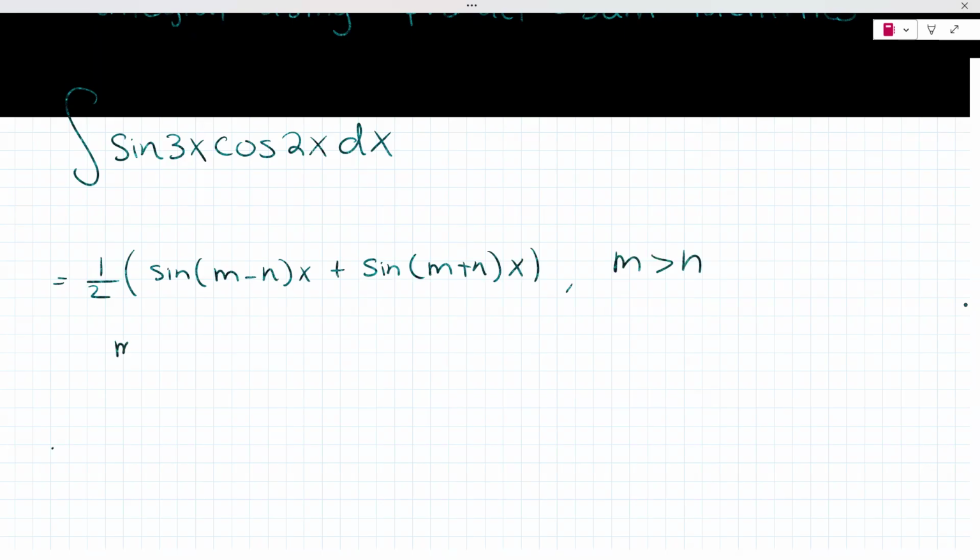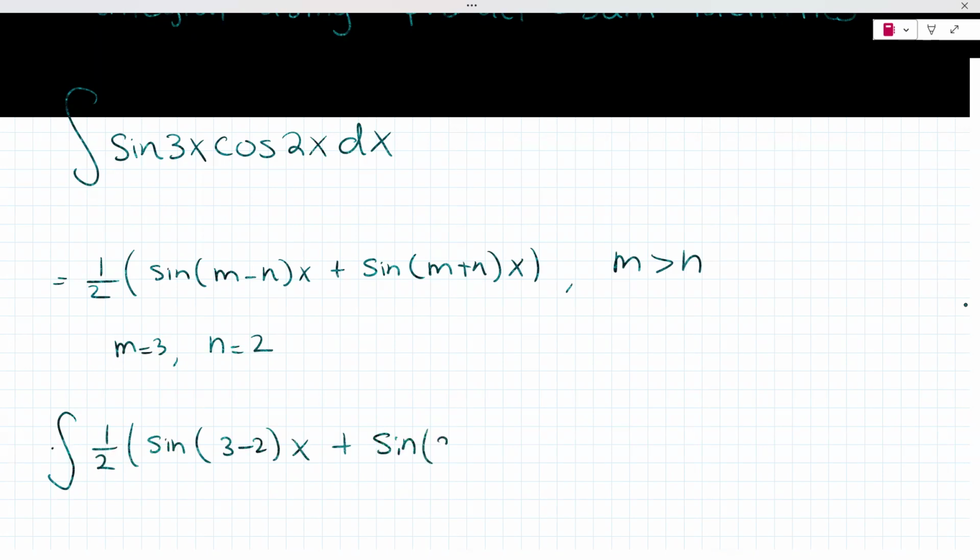And I believe our m is going to be 3, and my n is going to be 2. So it's going to be expressed as the integral of 1/2 of sin m minus n, so it's 3 minus 2 x, plus sin of m plus n, so that's 3 plus 2 x dx.